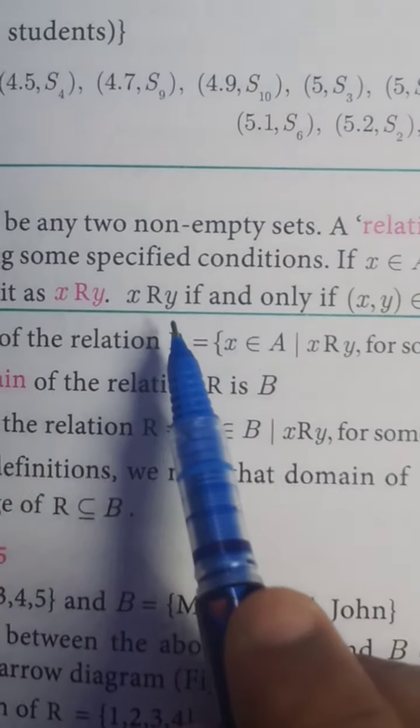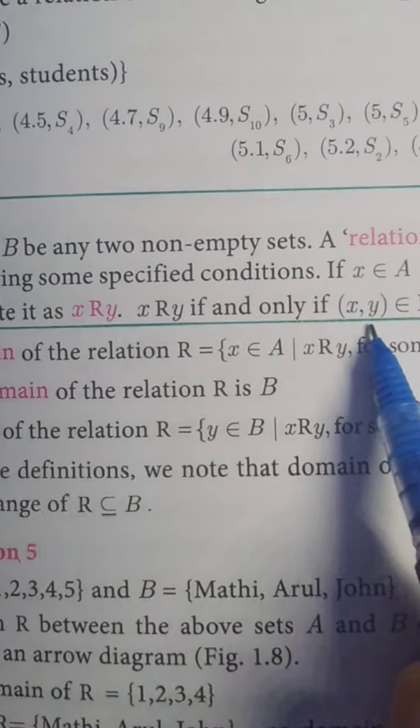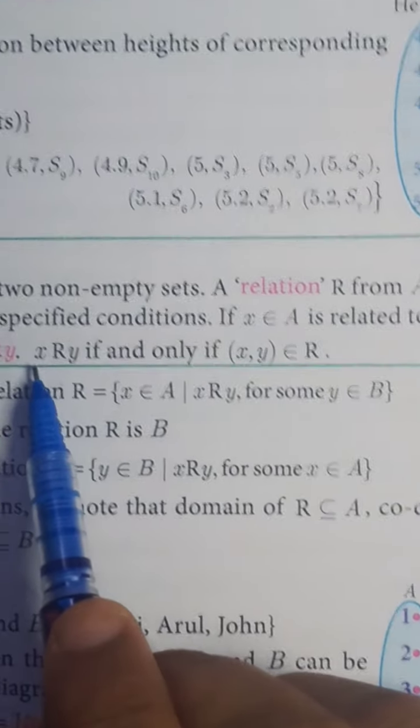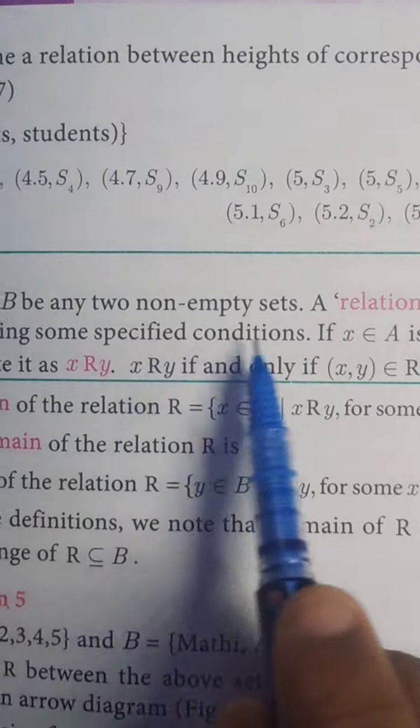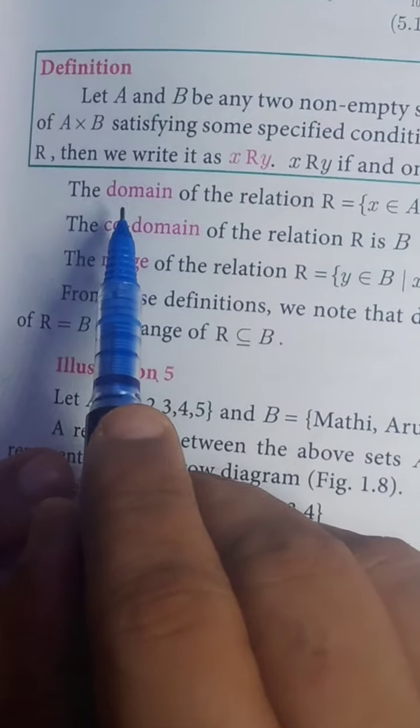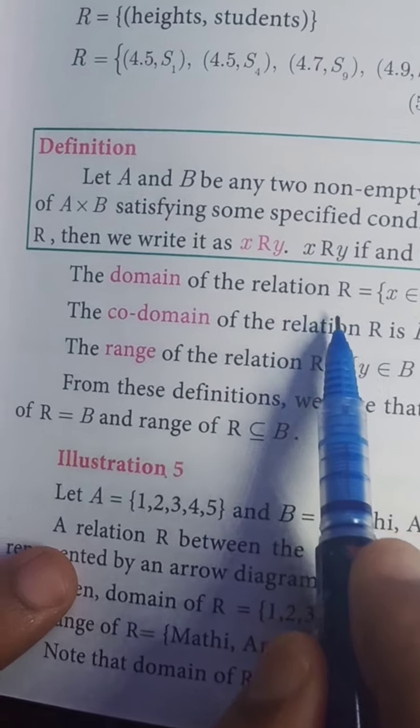That means if x is related to y, x comma y belongs to R. If x comma y belongs to R, x is related to y. That is the meaning of if and only if.